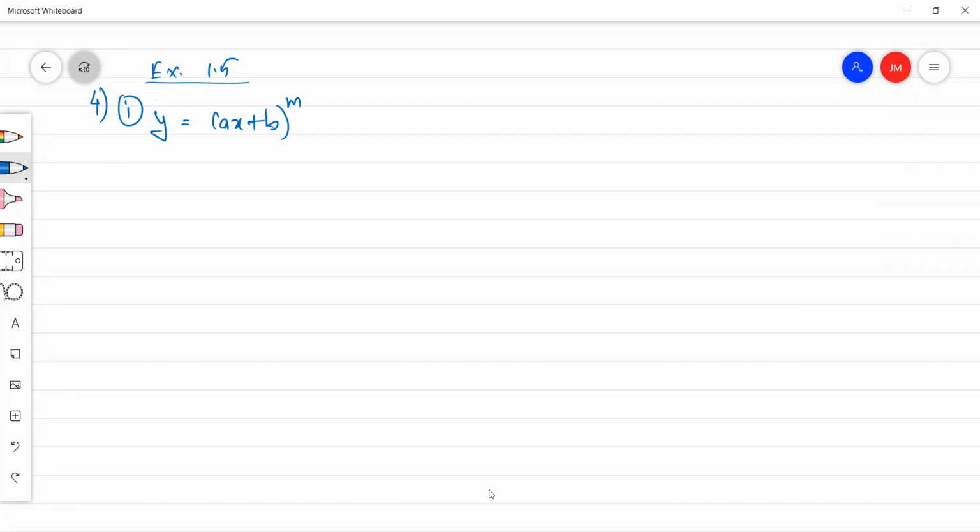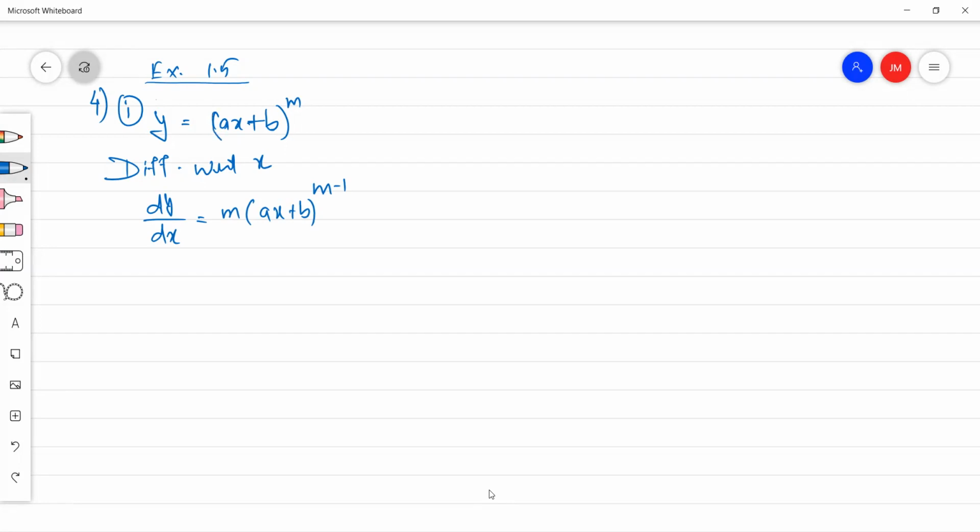So here you differentiate with respect to x the first time. Differentiating with respect to x, you will get dy by dx equals the derivative of this. What will it be? m times ax plus b raised to m minus 1, and then the derivative of ax plus b. It is ax plus b raised to m, it is f of x raised to m.